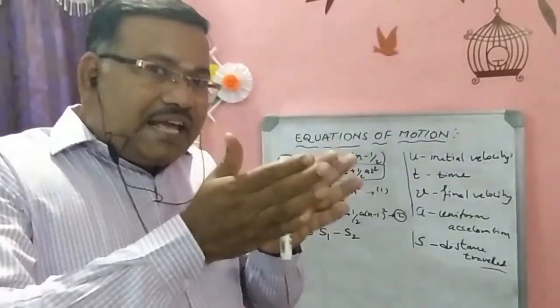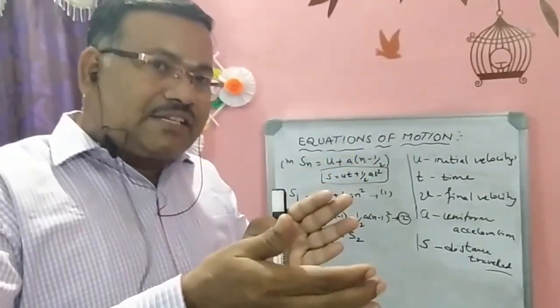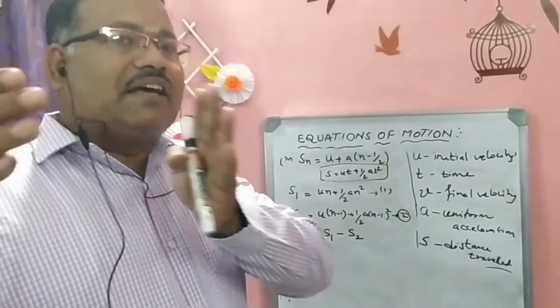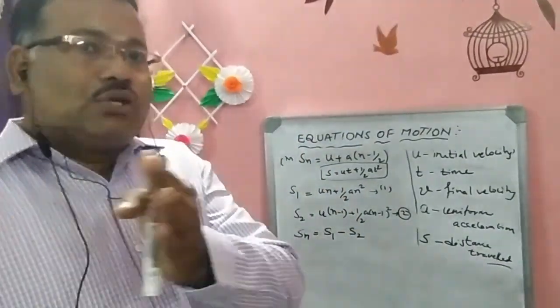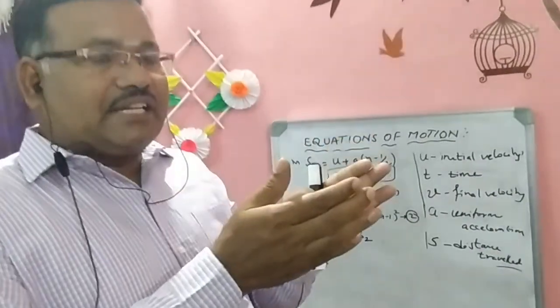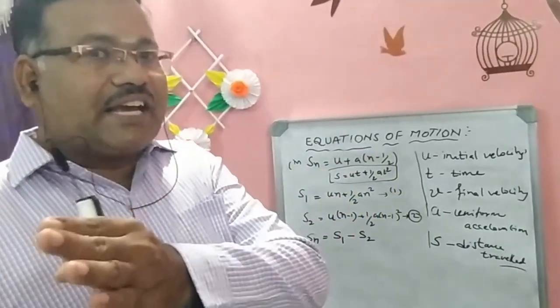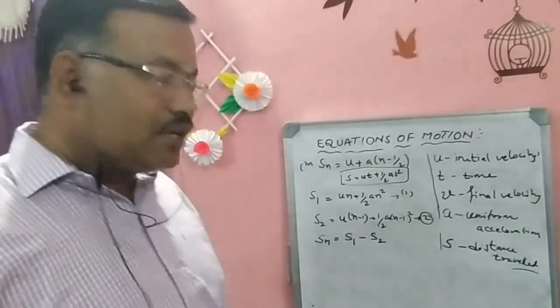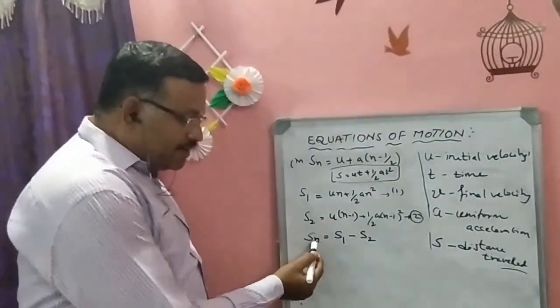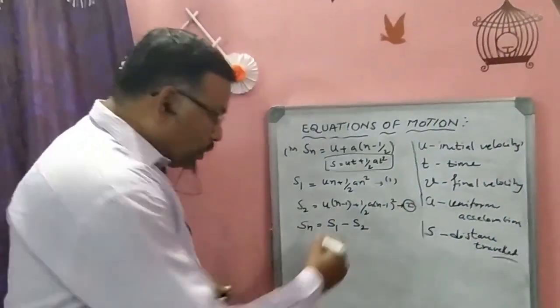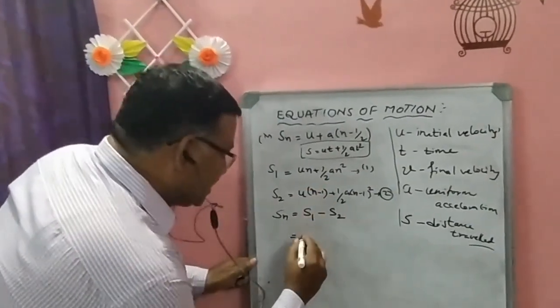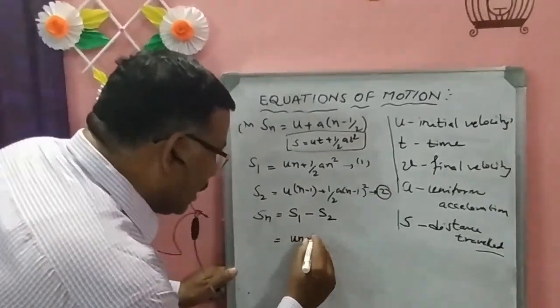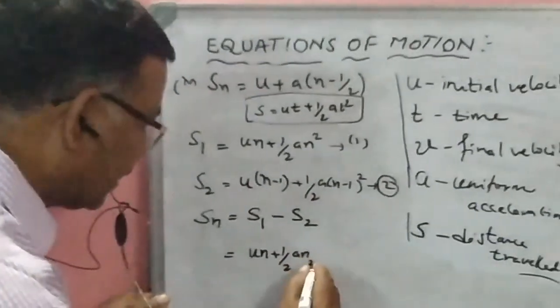You find the distance travelled for 20 seconds, then the value for 19 seconds. Distance travelled in 20 seconds minus distance travelled in 19 seconds gives the distance travelled in the 20th second, that means the nth second. So to get the distance travelled in the nth second, I am using this formula: Sn = un + ½an².